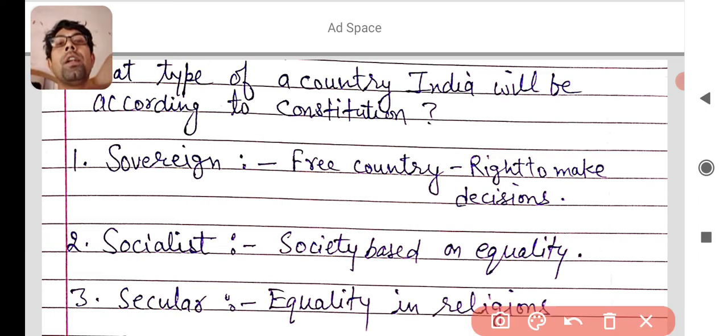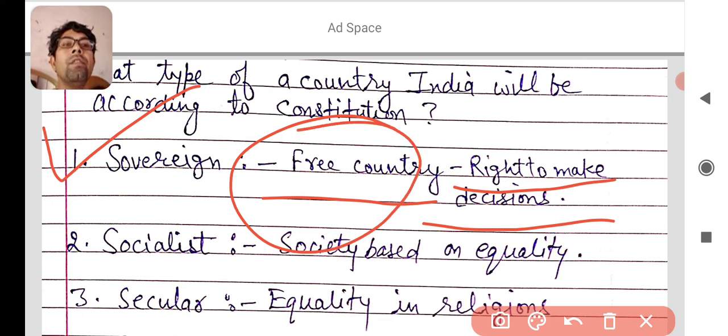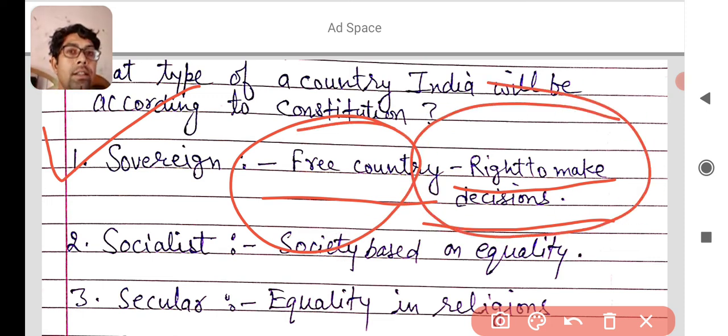Sovereign here means a free country, where people have the right to make decisions. As you learned, before 1947, India was not a sovereign country because there was British ruling power, and Indians were not free to make their decisions. When they are free to make decisions, the term is known as sovereign.